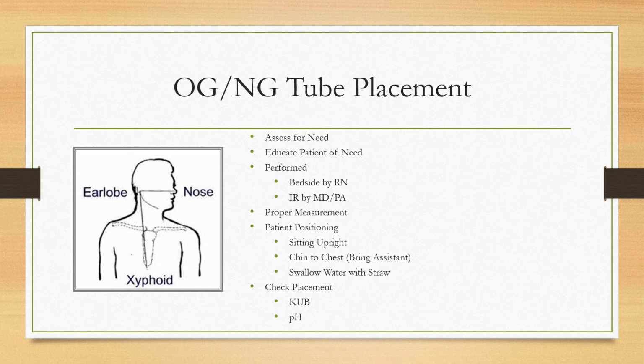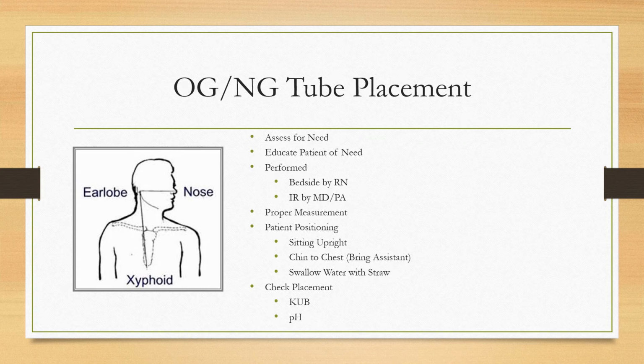So we take the tube and we measure from the nose to the earlobe, and then we measure from the earlobe to the xiphoid process, which is right at the end of the sternum, and that's about the length. So we'll mark off that length on the tube, and we'll decide, okay, it's whatever, 25 centimeters or whatever length it is, and we'll put the tube in until we reach that mark. Okay.